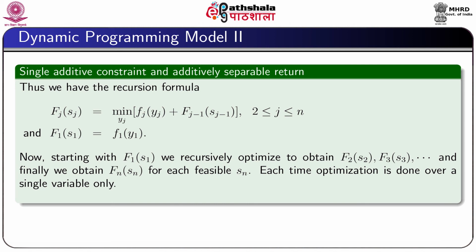Now, starting with F1(S1), the recursive optimization is to obtain F2(S2), F3(S3) and so on, and finally we obtain Fn(Sn) for each feasible Sn. Each time optimization occurs over a single variable.